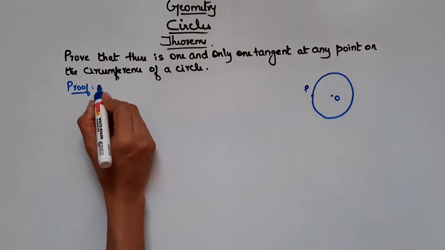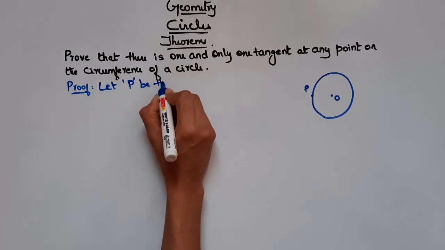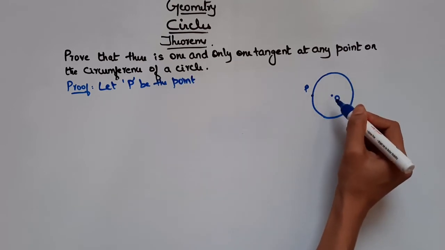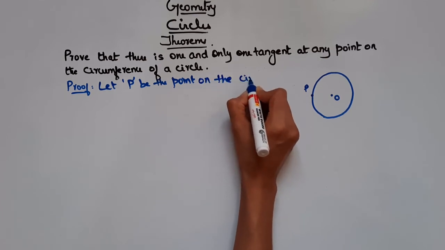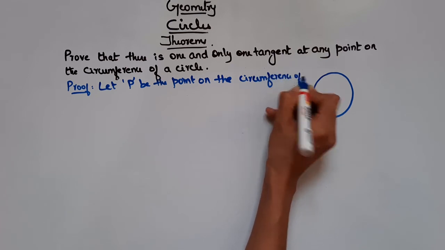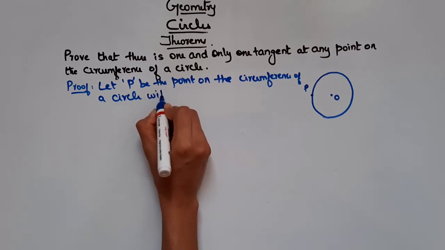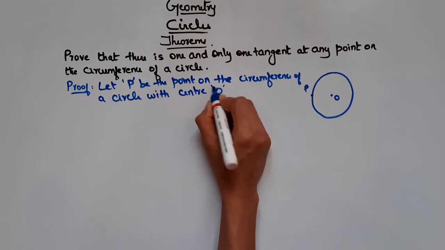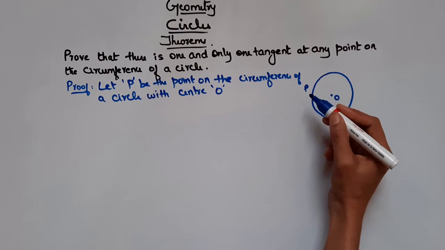So first let's write that. Let P be the point on the circumference of a circle with center O. So now, in order to prove only one tangent is possible at this point, let's take the opposite.